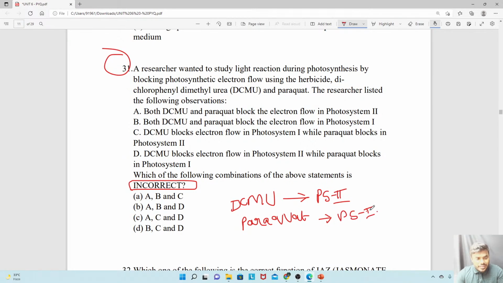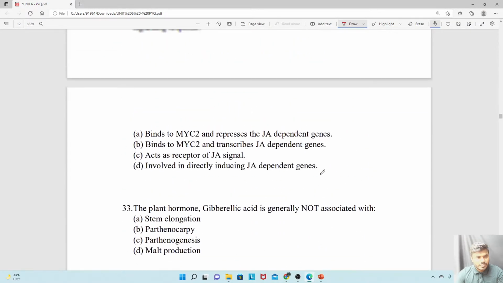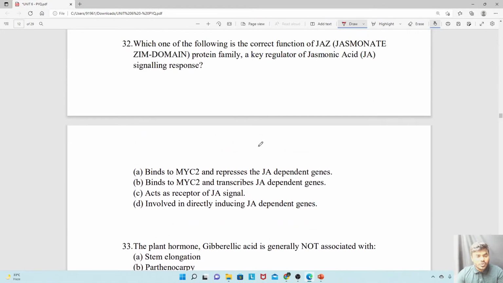Absolutely true. But see here, option A is wrong, they have given the opposite. Option B is wrong. Option C is wrong. Option D is the only correct option. Hence the incorrect statements are A, B, C. That's good. See, I want you to know this, friends.